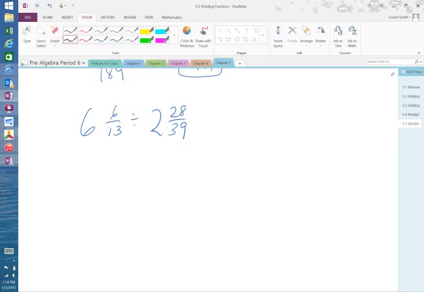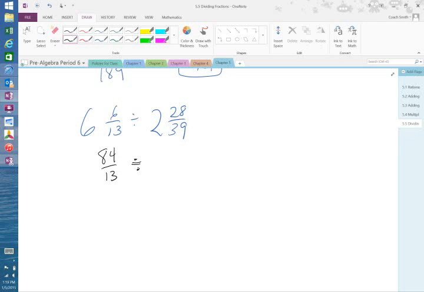We change 6 and 6/13 to an improper fraction. Okay, what is that as an improper fraction? 84 over 13. Okay, divided by, what is 2 and 28/39 as an improper fraction? 106.